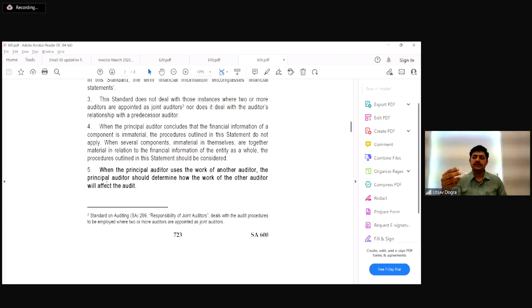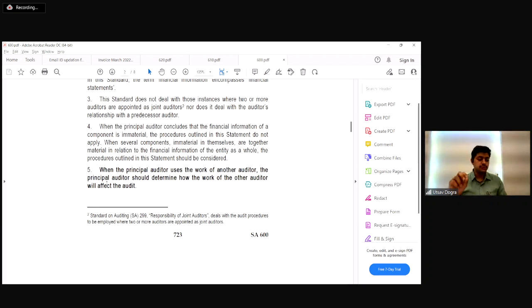Similarly, the same professional has been given charge of various other branches, and again the fee is very small in amount. However, the consolidated fees come out to be a little material in context with the total financial statements. There again, this particular standard should be considered.